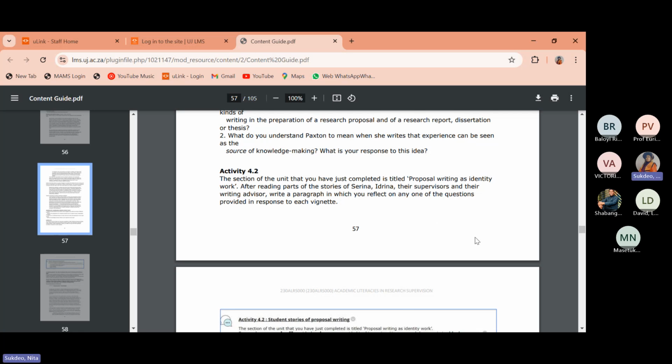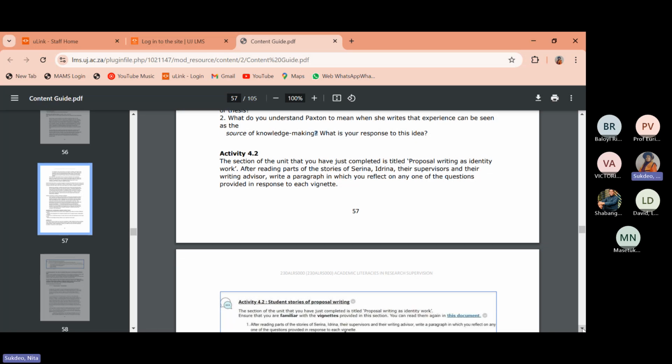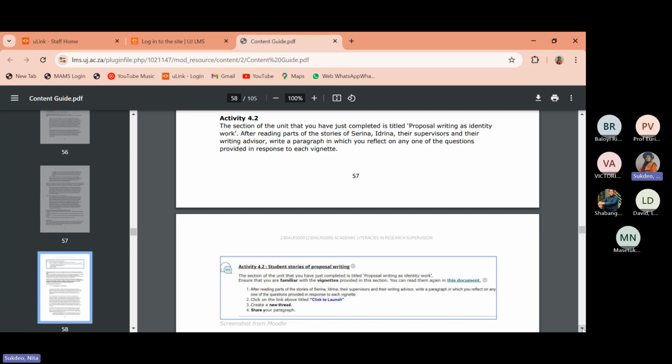Because it says when she writes that experience can be seen as a source of knowledge making. So yes, she wants to share her experience, but how receptive are people to listening and also sharing their experiences of similar things that happened to them?